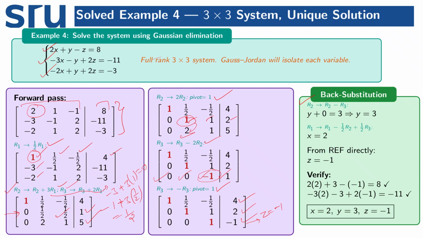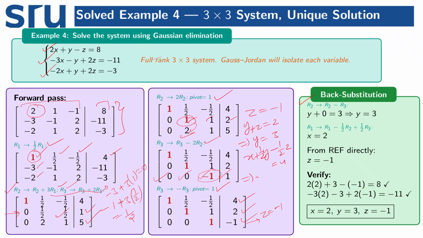So actually from this step you are getting z equal to minus 1. From the second row you are getting y plus z equal to 2. Z is minus 1 here, so it will become y equal to 3. Again from the first row you are getting x plus 1 by 2 y minus half times z equal to 4.